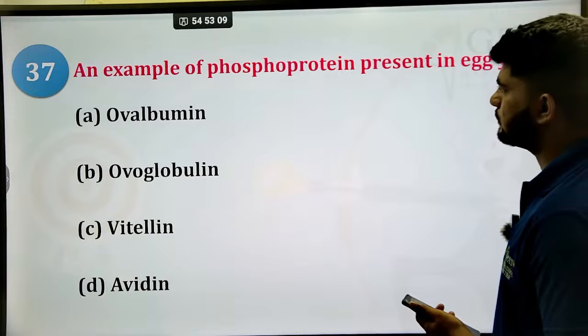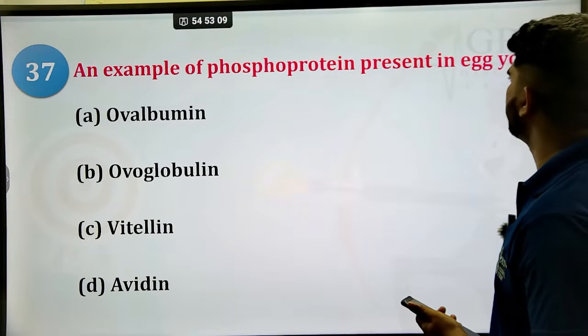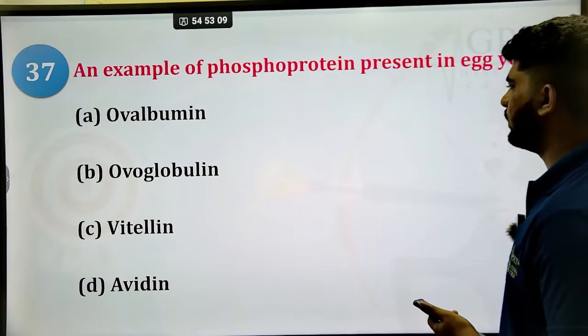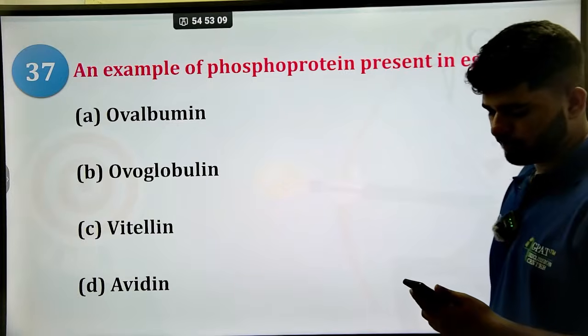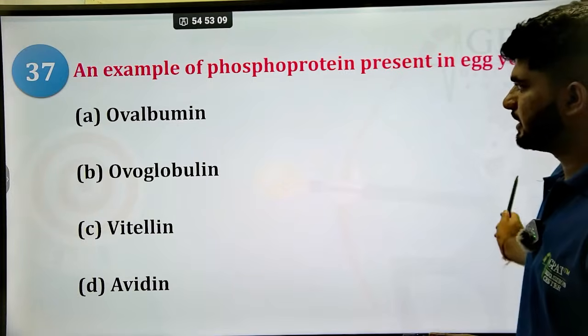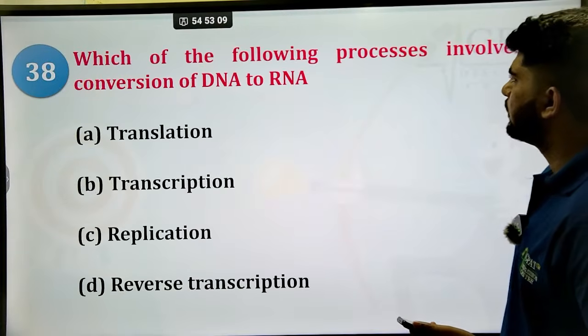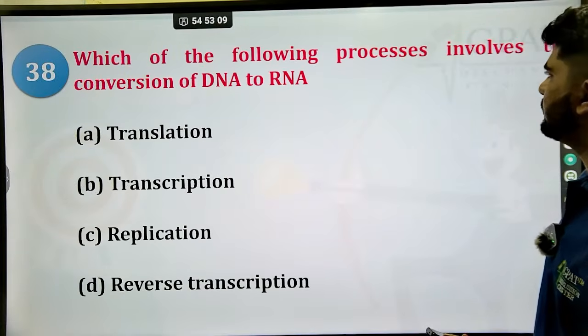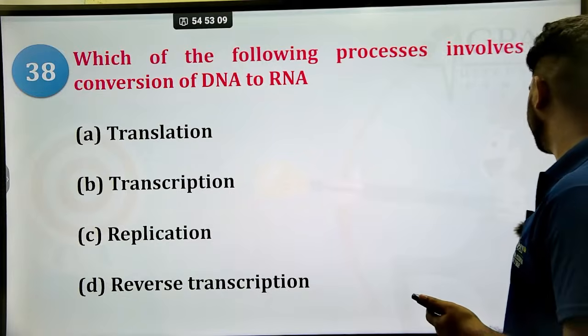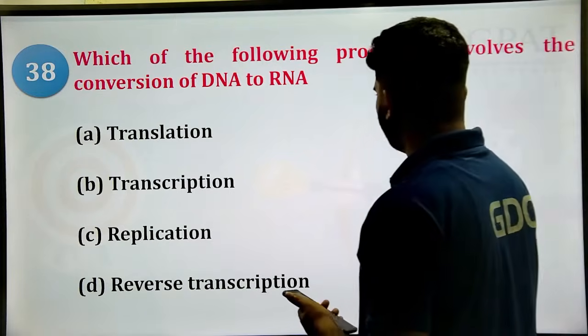Okay. Chalo. An example of a phosphoprotein present in this. What kind of phosphoprotein is present over here? Okay. Chalo. Which of the following processes involves the conversion of DNA to RNA? Simple question.